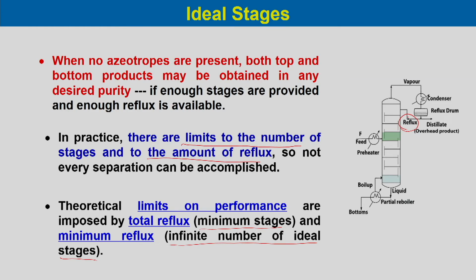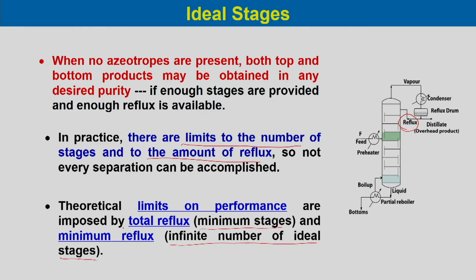And if we give a very small reflux, that is the minimum reflux, then the number of stages required can be calculated theoretically, and we will see that an infinite number of stages are required for a particular separation. So, depending on the reflux ratio we use, it gives theoretical limits of minimum stages and maximum stages, that is the ideal stages. We will discuss these in the later part.